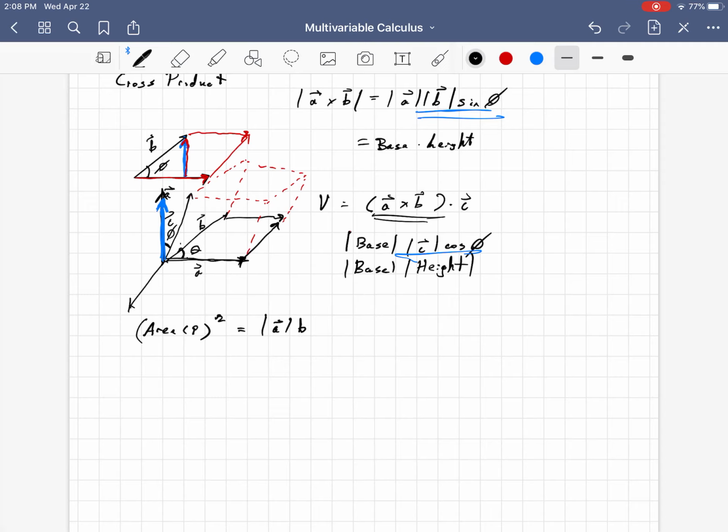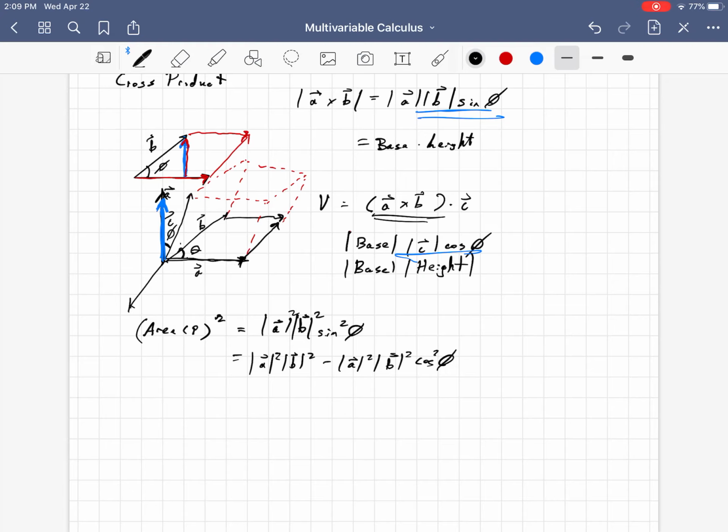the area of that parallelogram, call it P, and I square that. If I take the area and square it, then that is the magnitude of vector A times the magnitude of vector B times the sine of phi, and then I would square each one of those.